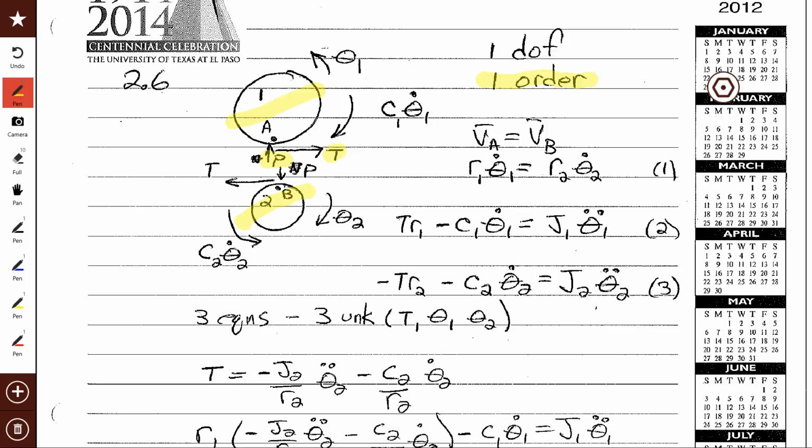They're equal and opposite. So if you notice, the P on one gear is up, the other one is down. One is right and one is left on the T. It doesn't really matter which direction you draw these because you're going to end up solving for them. Positive numbers mean that you've drawn them in the correct direction. Negatives mean that they've just flipped direction. So that's not a problem.